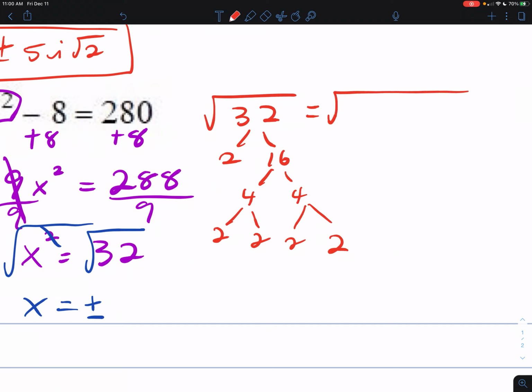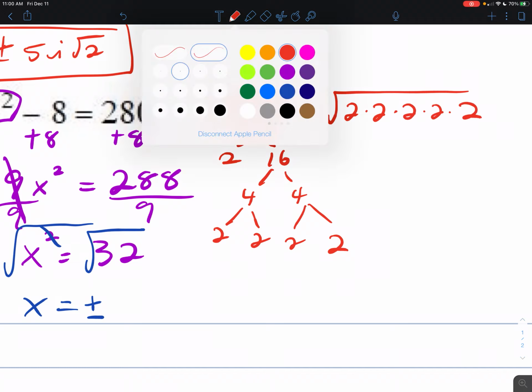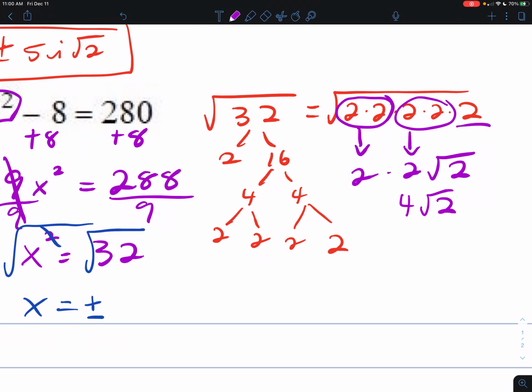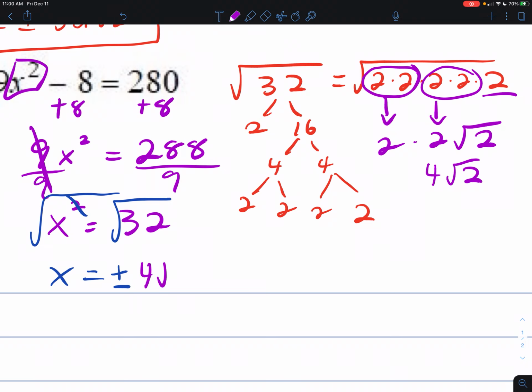So we have the square root of a bunch of 2's. 2 times 2 times 2 times 2 times 2. 5, actually. And so we have 2 pairs of 2's. So for each pair, that's one 2 that comes out. So I have 2 times 2. And this one stays home. So we end up with 4 radical 2. So our answer is plus or minus 4 radical 2.